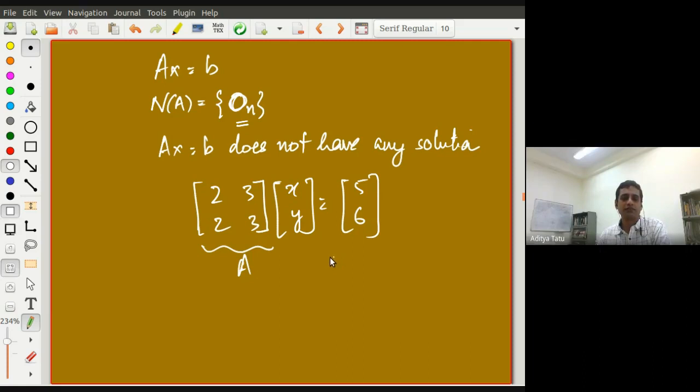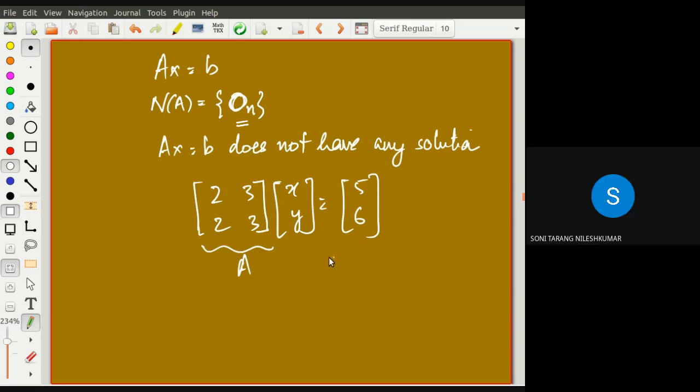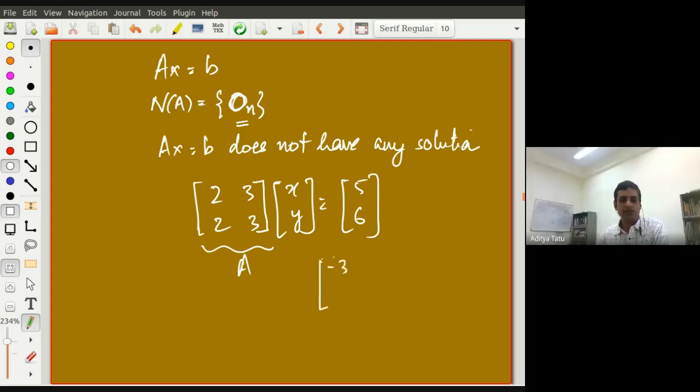Which line? Why would it have points on the line? I can see clearly this is one vector in the null space, yes or no?